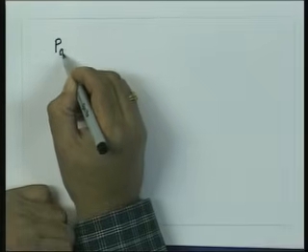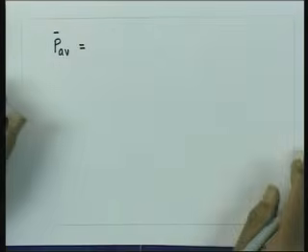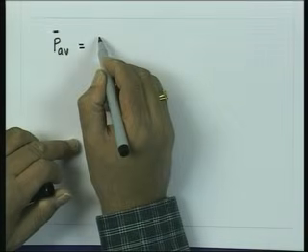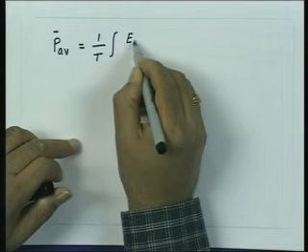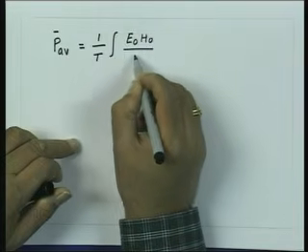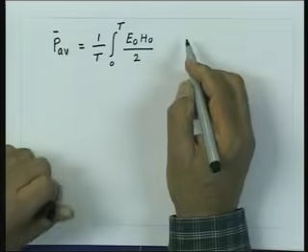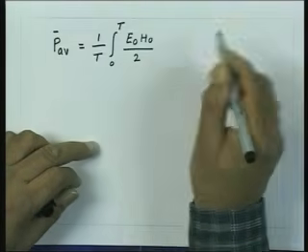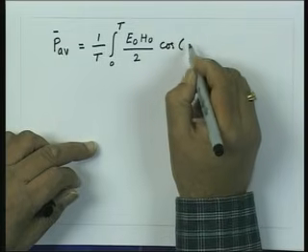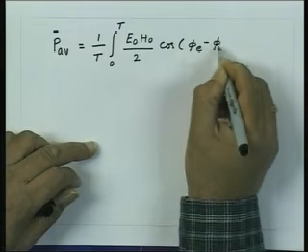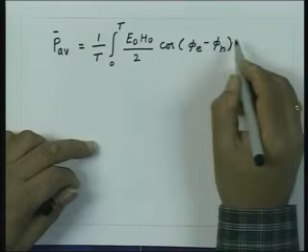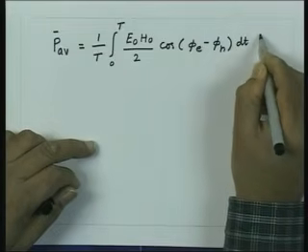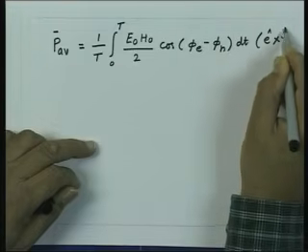So I get the average value of the Poynting vector, P average, equal to 1 upon T integral 0 to T of E 0 H 0 upon 2 cos of phi E minus phi h dt, multiplied by E cross h.